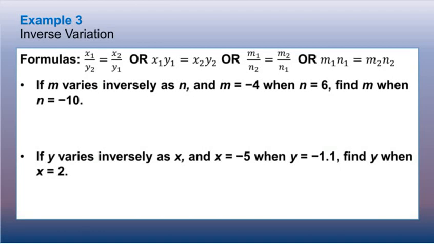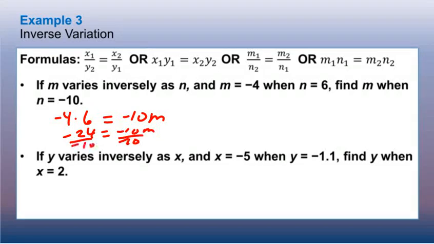So I need to do -4 times 6 has to equal -10m. So this is -24 equals -10m. Divide by -10, and I have m equaling 2.4.